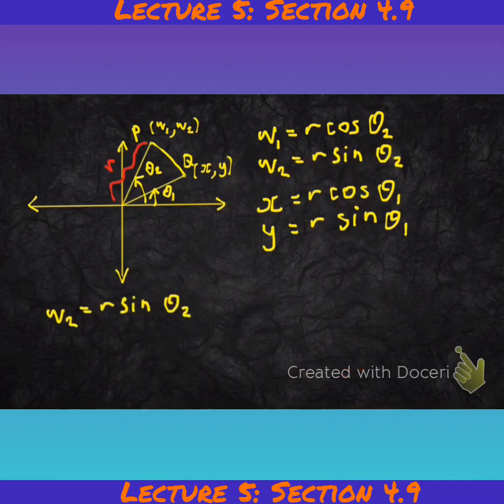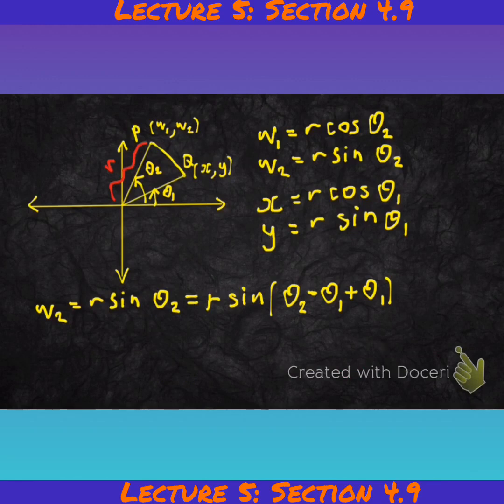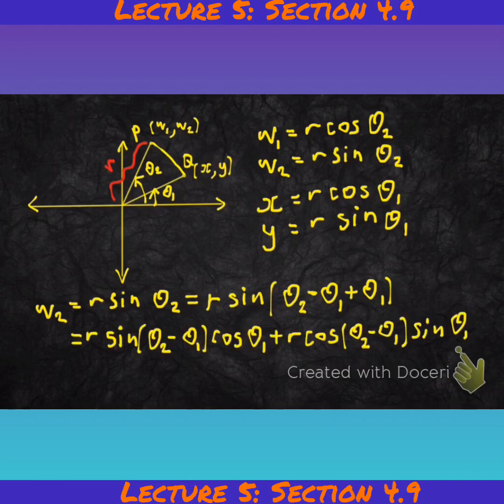Right, next we take W2 and we perform the same idea with that. We can replace sine theta 2 with, okay, and then applying our trig expression for sine of the sum of two angles, we get, so we obtain that expression, and remember theta 2 minus theta 1, we can replace that with theta.